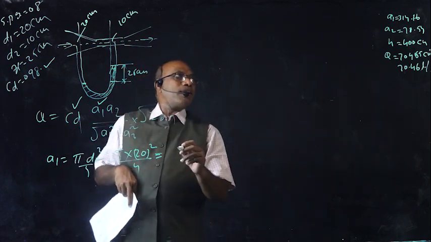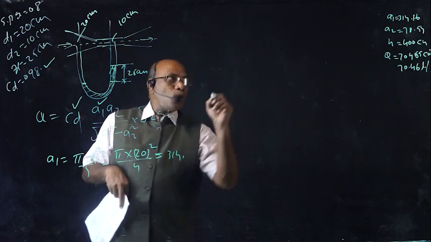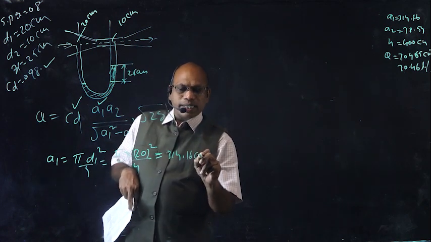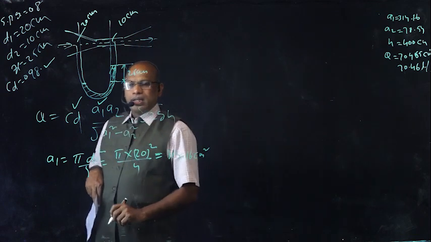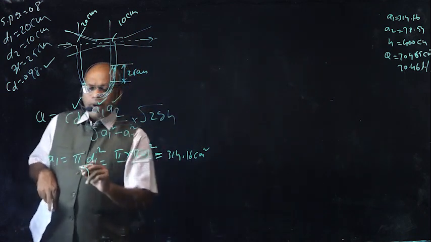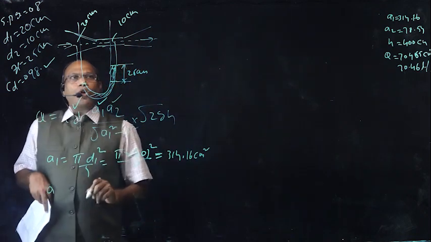Therefore, A1 is equal to 314.16 centimeter square.